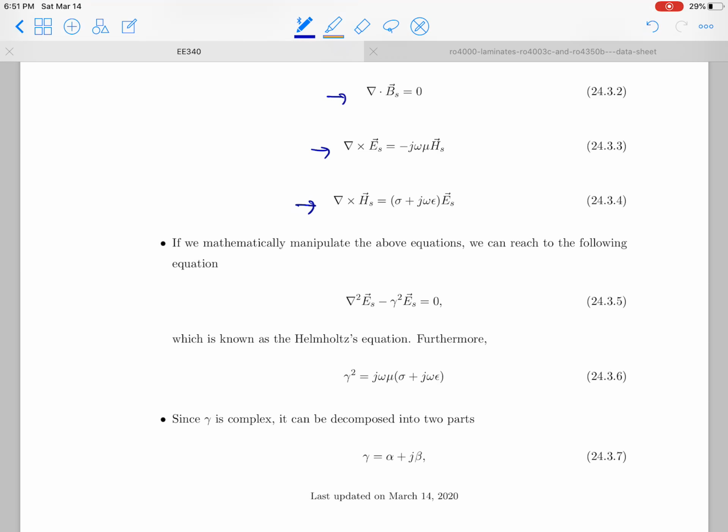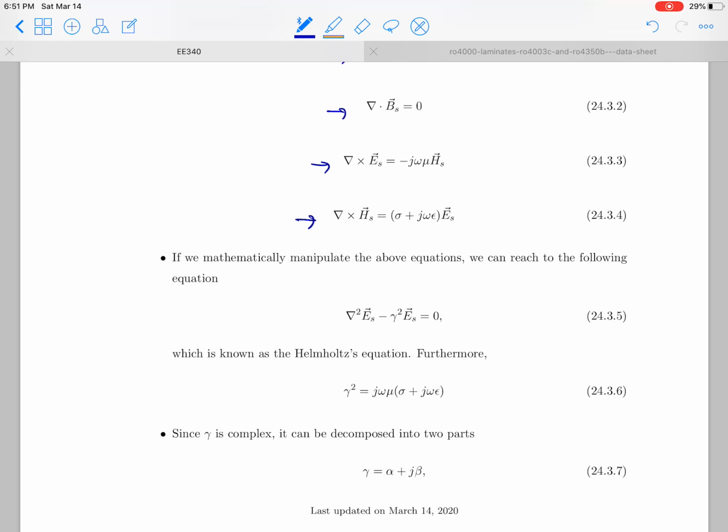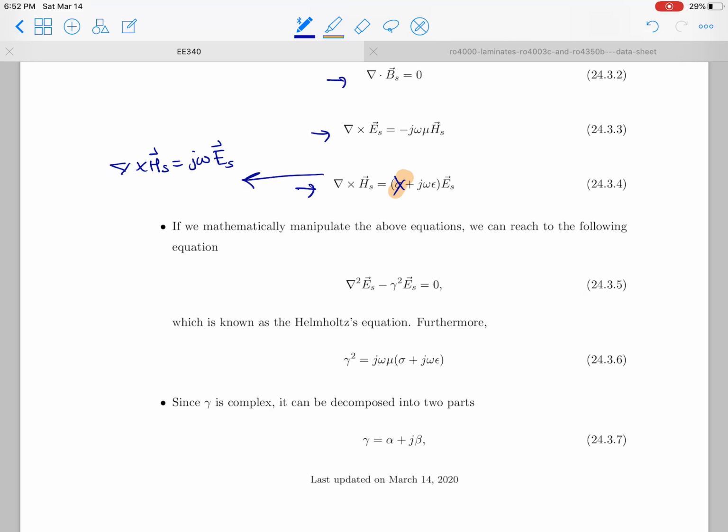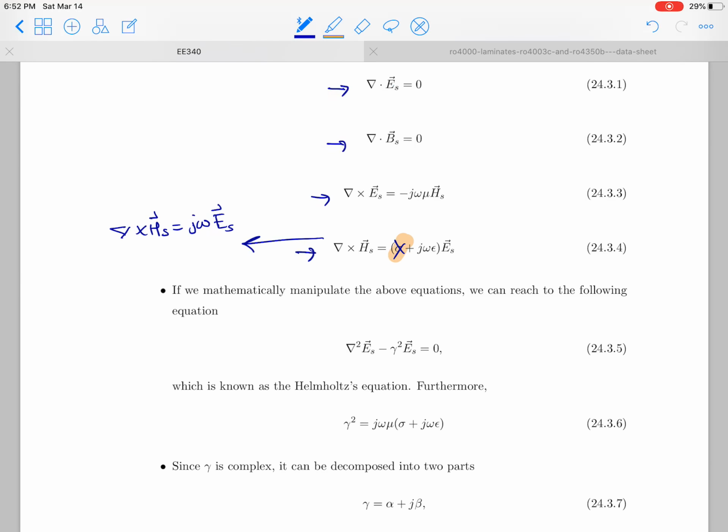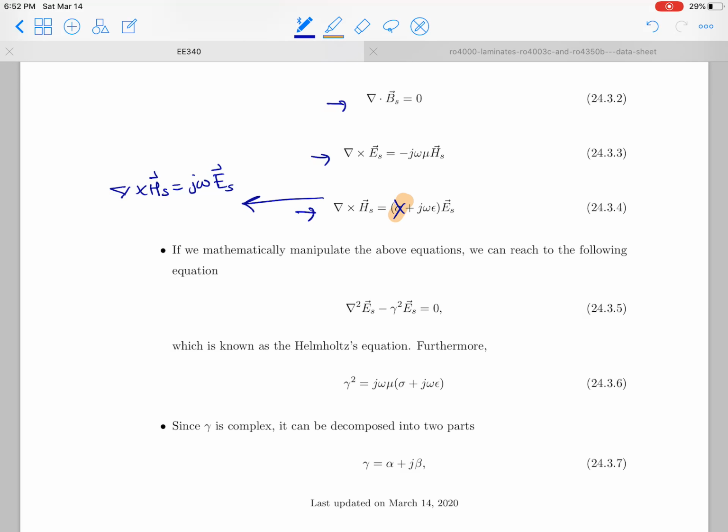So we have the four equations here, and remember, if we have a perfect dielectric, then the conductivity will be zero. So this equation will look like the following. If we manipulate these four equations and express them in either the electric field or the magnetic field, we will end up with this equation.